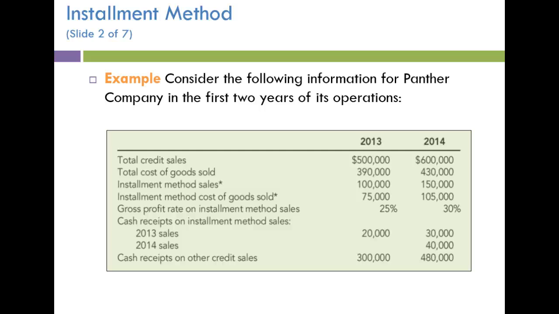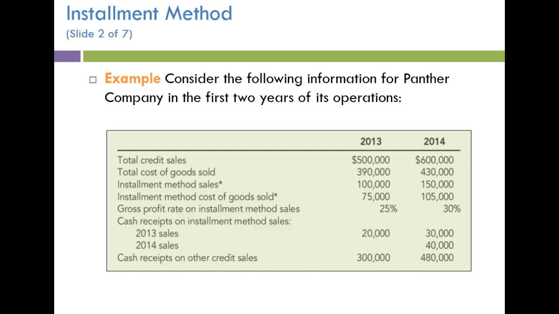Then they started a new installment in 2014 for $150,000, but the cost of goods were $105,000. So we've got to figure out what the gross margin percent rate is, the profit. If you take the difference, the 150 minus 105 gives you 45,000. 45,000 divided by 150 is what? 30%.